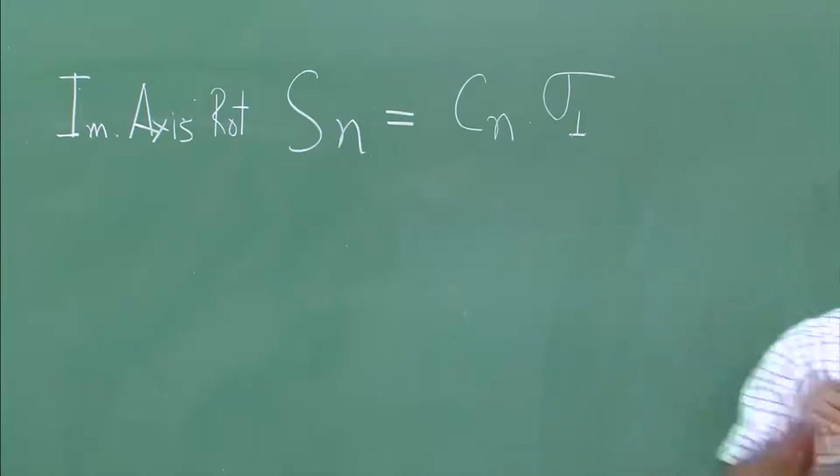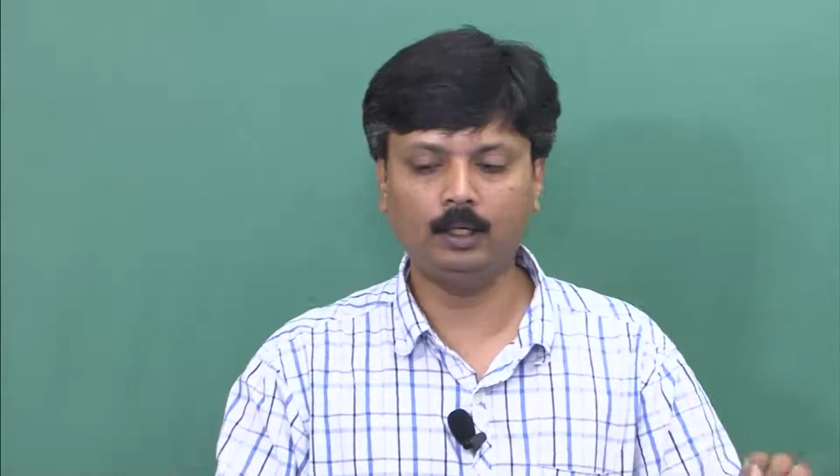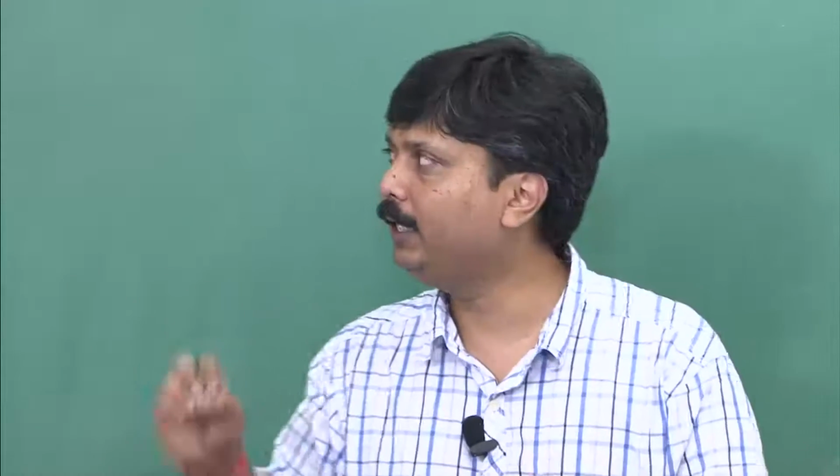So here I will also mention that many times I am going back and forth between these two terms, symmetry operations and symmetry elements. I have discussed what is what in my first or second class, so you should not be confused. Both symmetry elements and symmetry operations are symbolized by the same letter.